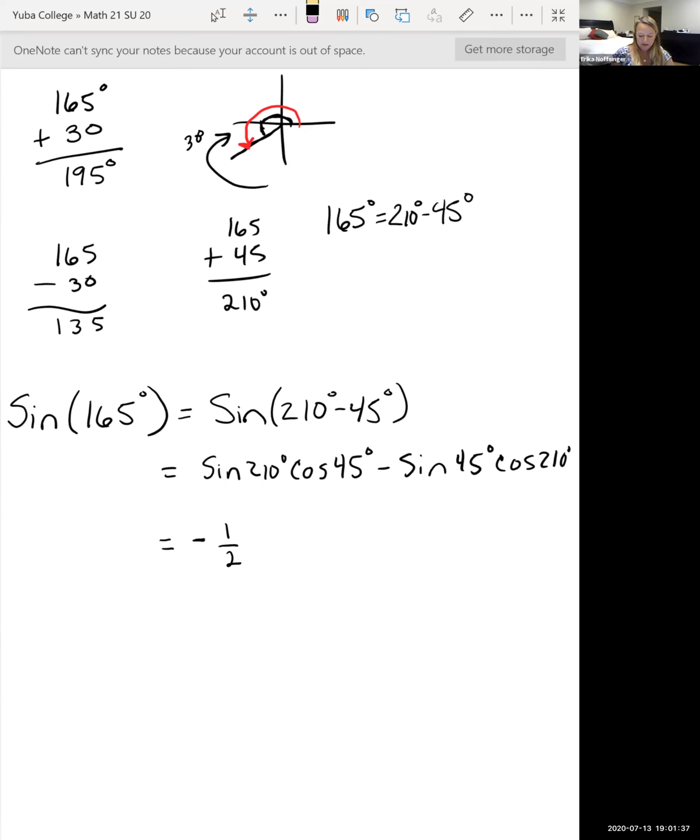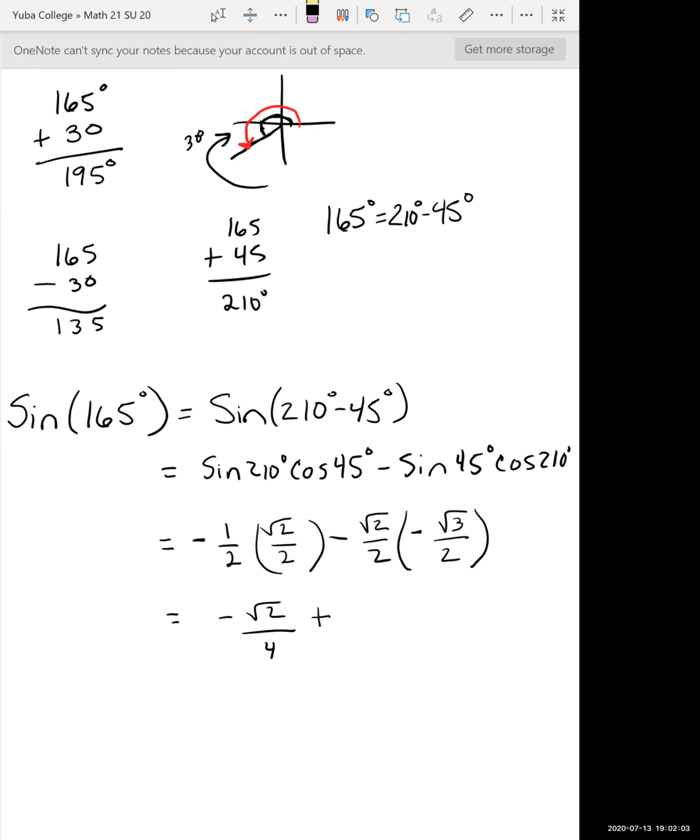Cosine of 45 is root 2 over 2. Minus sine of 45 is root 2 over 2. And cosine of 210 is negative because we're in quadrant 3, and that's root 3 over 2 for cosine of 30 degrees. So this is negative root 2 over 4. Negative times negative is plus, and root 2 times root 3 is root 6, all over a common denominator of 4. So I could just write that as one fraction.